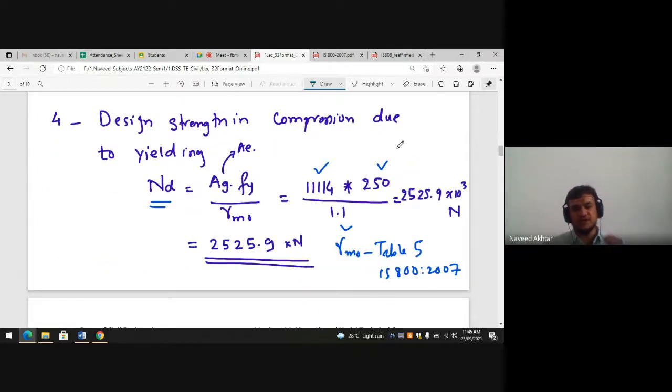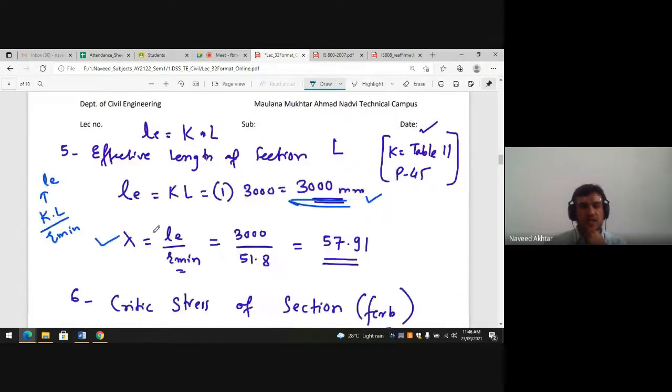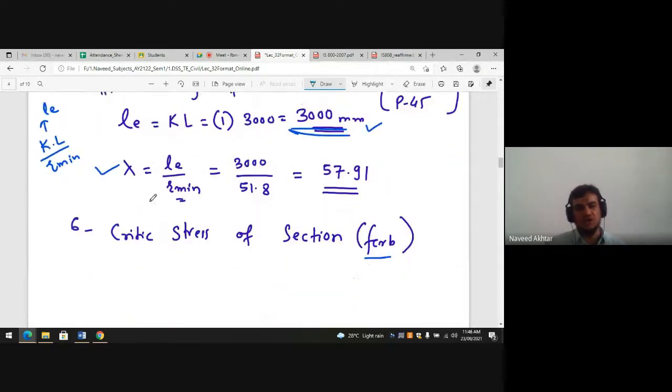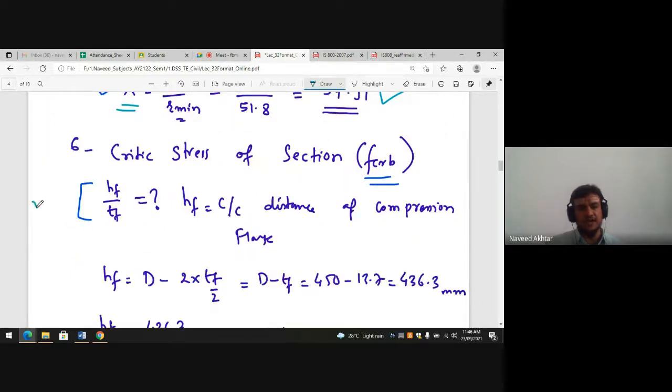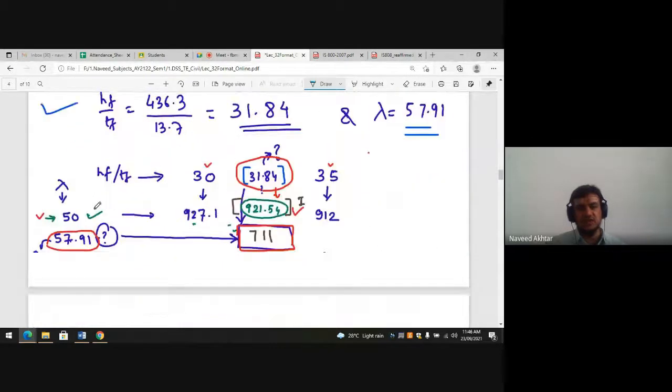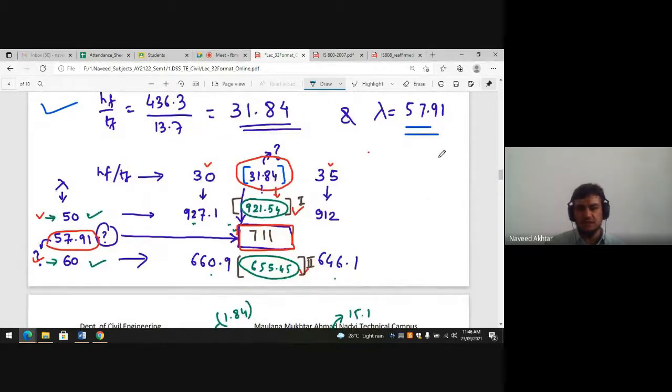Design strength in compression due to yielding, you have to find out, that is ND. ND is nothing but AG FY. AG you know, FY you know, you can find out. Then the effective slenderness ratio, you can find out the lambda. You know the lambda, you know the HF by TF value, you can find out the FCRB. This is the FCRB we have calculated here.